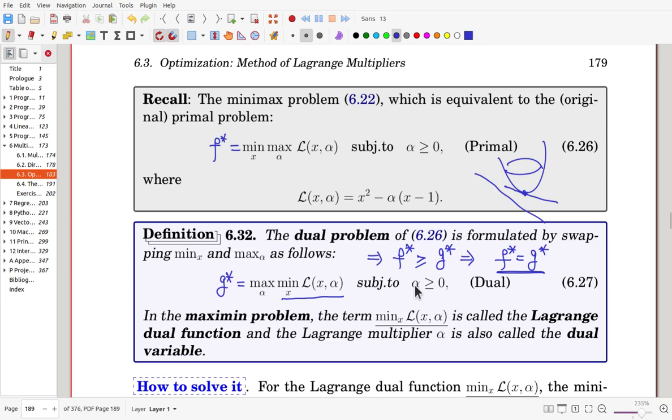But once it is not strong duality, then we may have some issue, but that is beyond the class, so we'll not deal with that here.